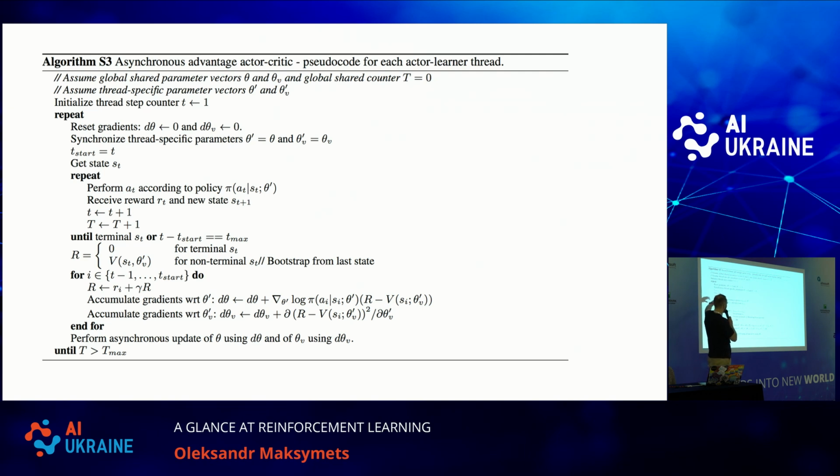But first we collect the experience. We just sample the action from there, do the action in the environment and collect the experience. After that, we assign rewards for each state using the sequence of states we went through.